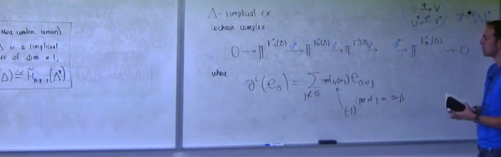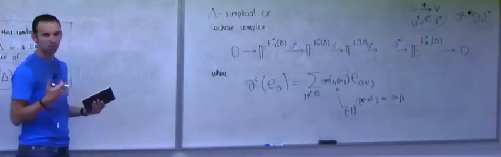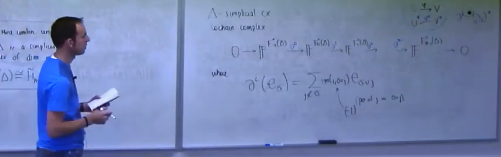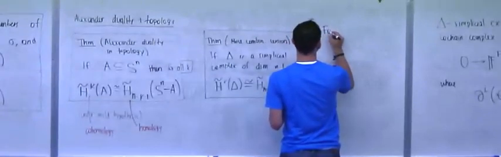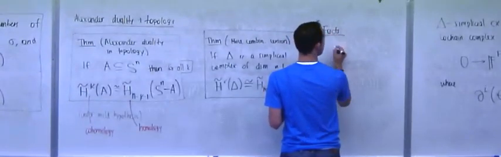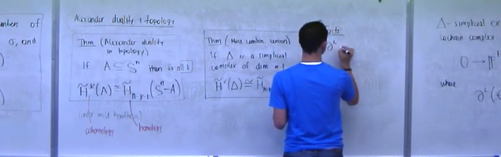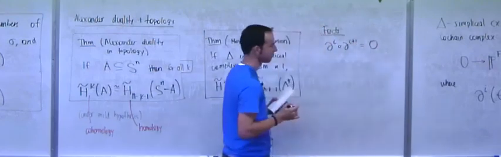Now, what's the point of all of this? The point is that we have the same properties that we had before. This really is a complex in that if you compose two of these maps, you get 0. So here's some facts. If you compose this map and this map, you get 0.